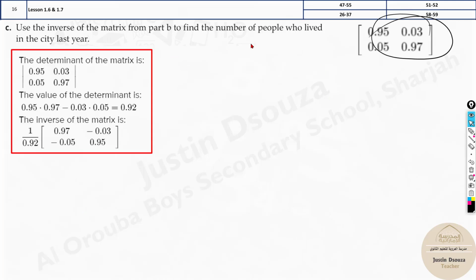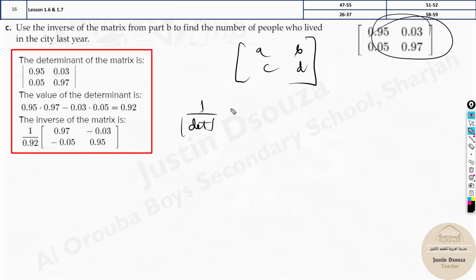And lastly, you need to find the people who lived last year. That's from the inverse. So what you basically do is find the determinant of this matrix, and once you have found the determinant, you need to write the inverse. So the inverse formula is like this. Imagine you have A, B, C, D as the matrix. The inverse is found by 1 by the determinant of this particular matrix.